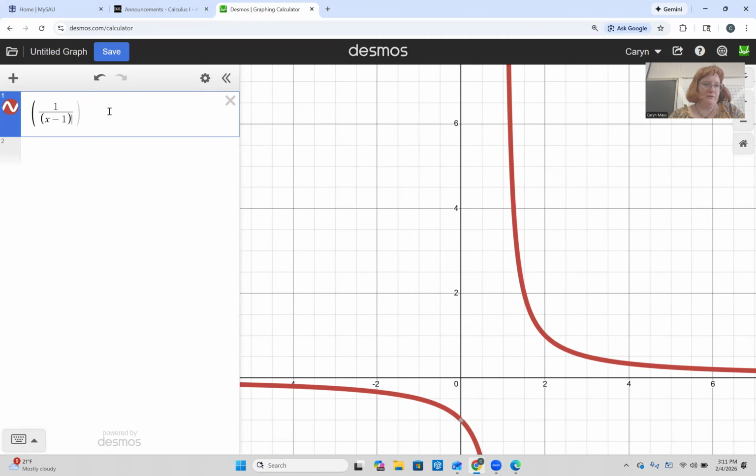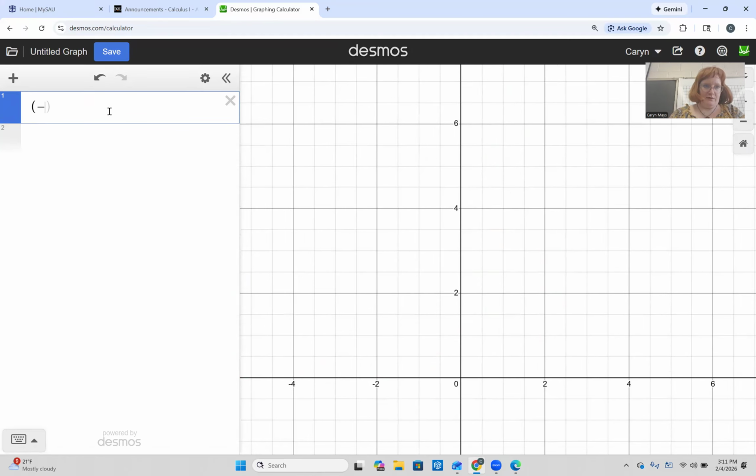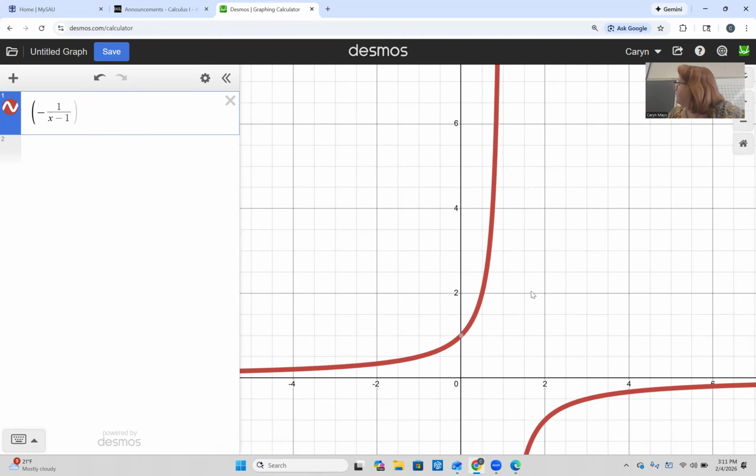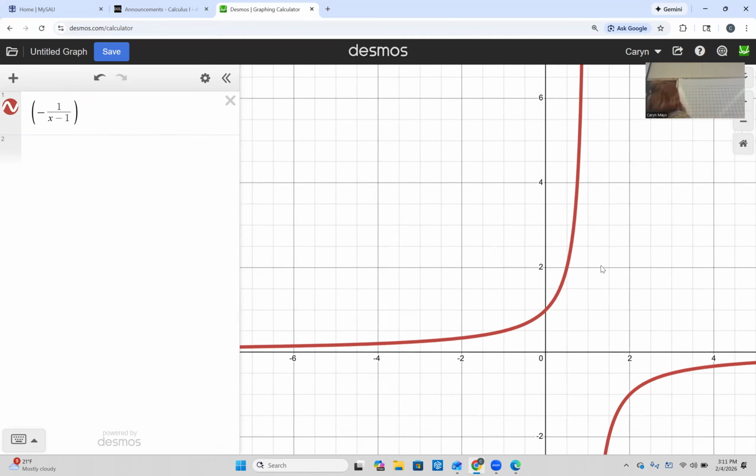So we have negative 1 over x minus 1. Note to self, just keep a parenthesis there and it will keep it bolded. From our notes, from the left, which one did we have? It was going to positive infinity from the left. Sure enough.